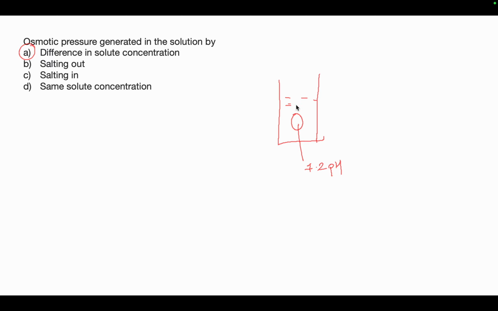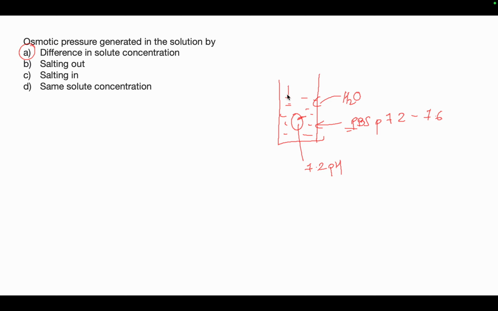So cells will grow well in PBS, which has the same pH around 7.2 or 7.6, but now suppose we add water in this. If there is a difference in the solute concentration, so now the solute concentration here is the same as PBS, but if we change the solute concentration, it will lead to osmotic pressure.